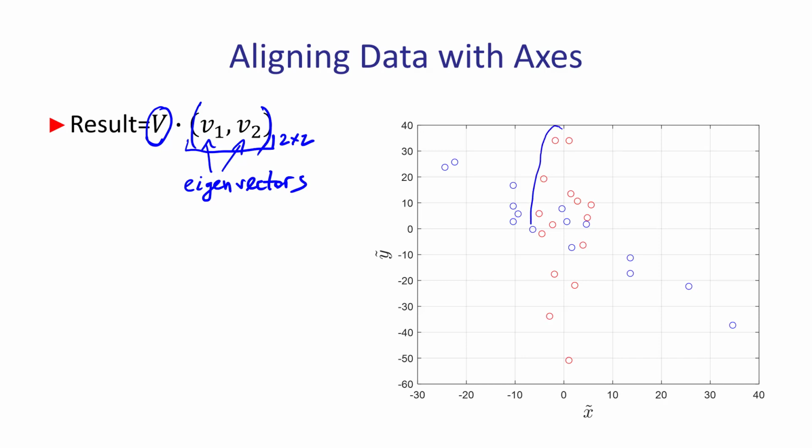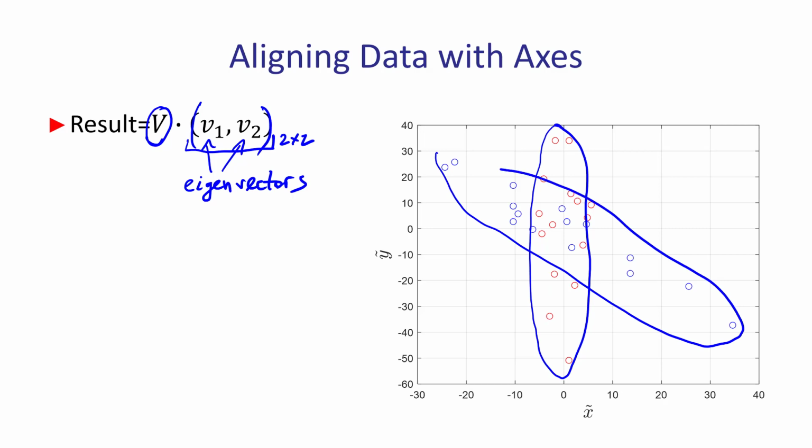You will basically rotate that ellipsoid from your original ellipsoid, which was that way, and also shift it. It's automatically shifting it to the origin, which is that point here, shifting and rotating that ellipsoid and aligning the data with the axes.